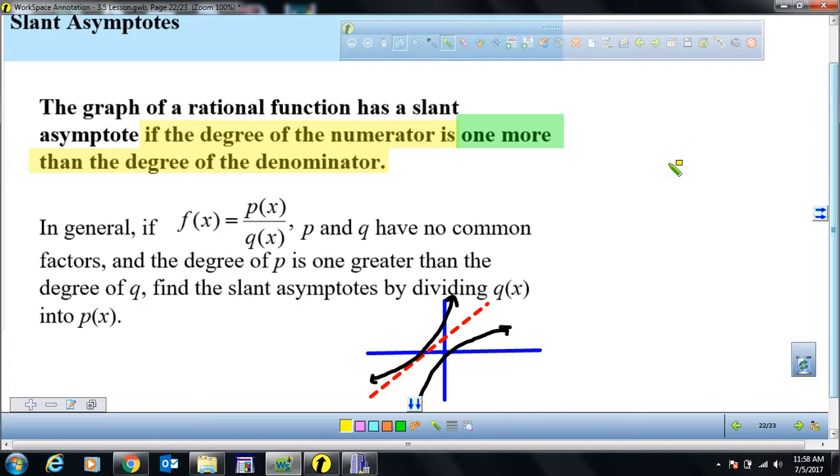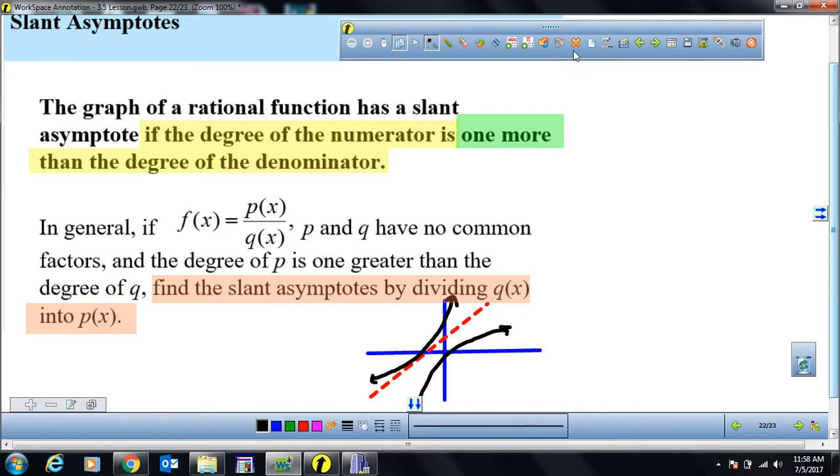So when the numerator is 1 degree bigger, that's when we're going to have this kind of asymptote right here. How do we find this asymptote? We find the slant asymptote by using long division or synthetic division, by dividing the two polynomials of this function. If we divide them, we're going to get that slant asymptote.